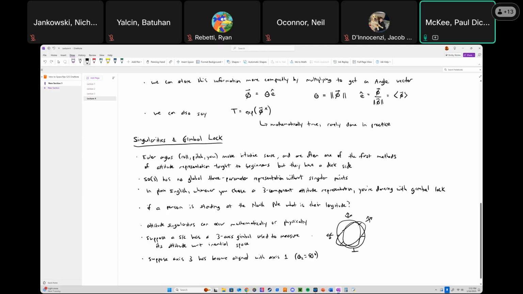In that circumstance, either a rotation about the first or the third axis would look the same to whatever object you have on the inside. Right, so you would not be able to tell, am I rotating about axis 1, or am I rotating about axis 3? It's impossible to answer that question because it's the same axis. So in this circumstance, a rotation about either axis produces the same motion.